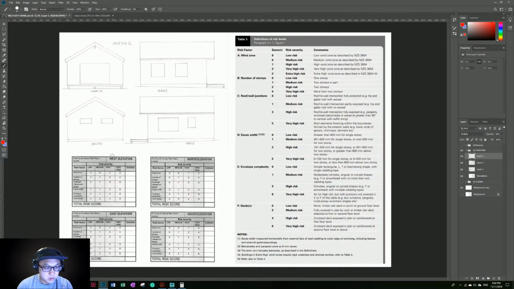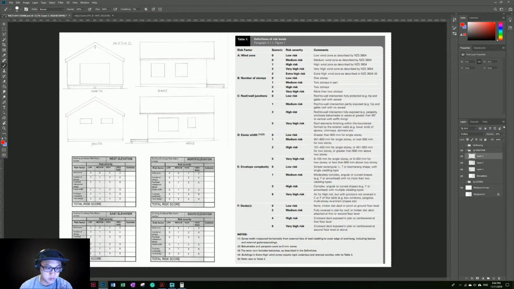So when you do this, you have to pay attention to the elevation, which one they are. So this is north, and north is here, east is here, south, this one, and west here.